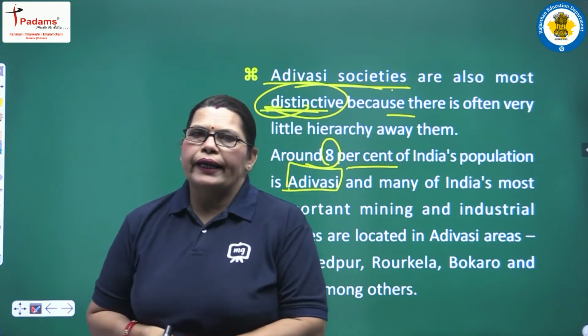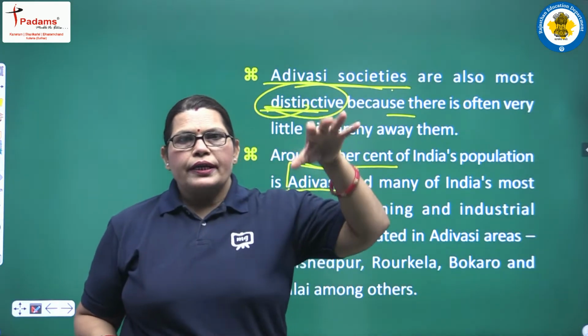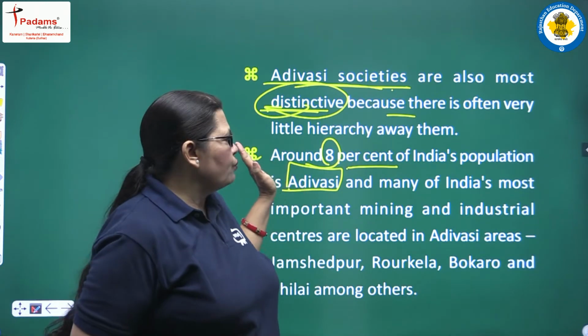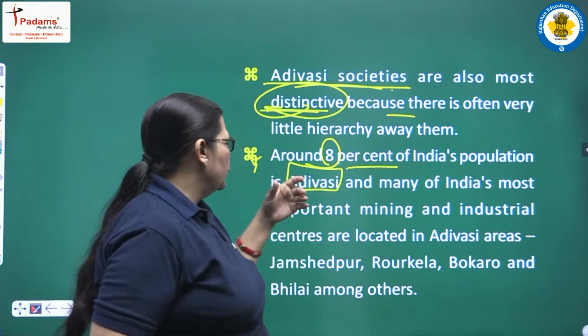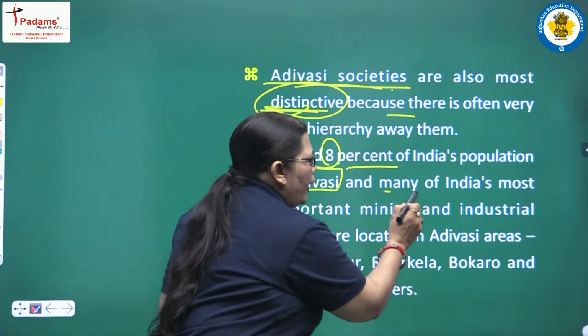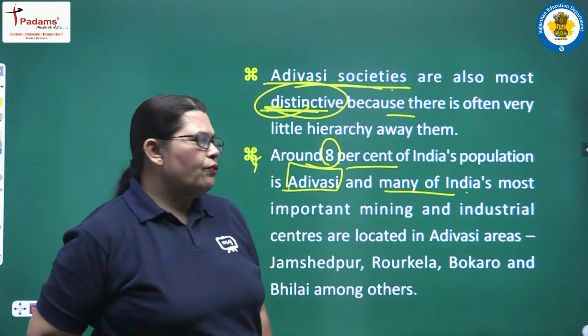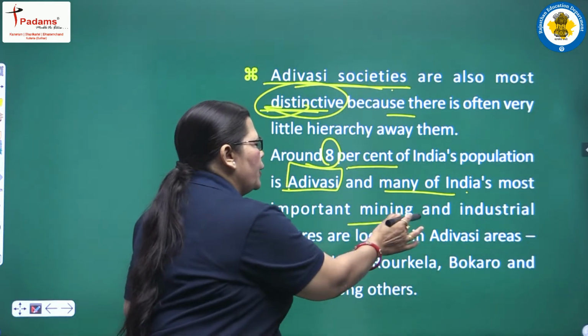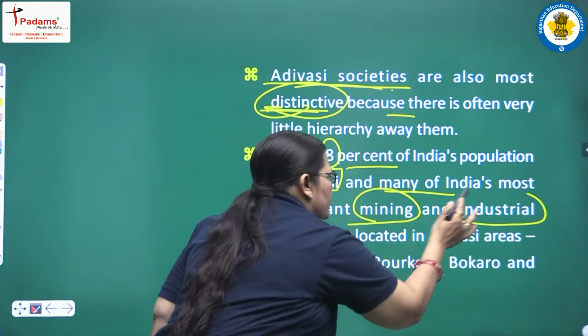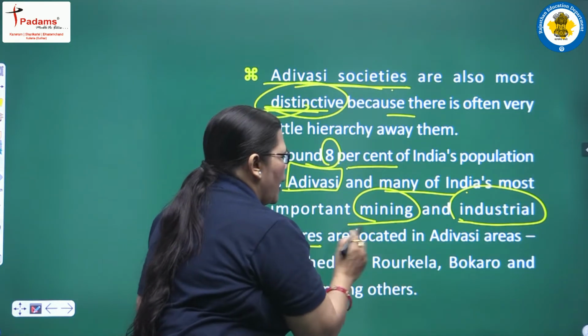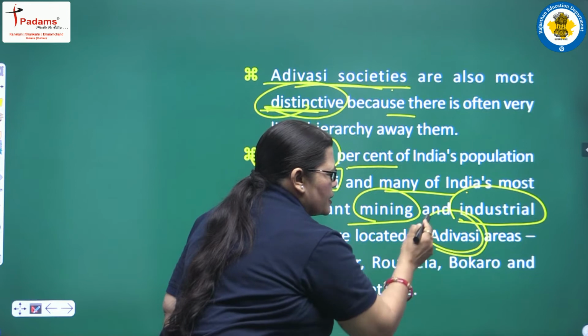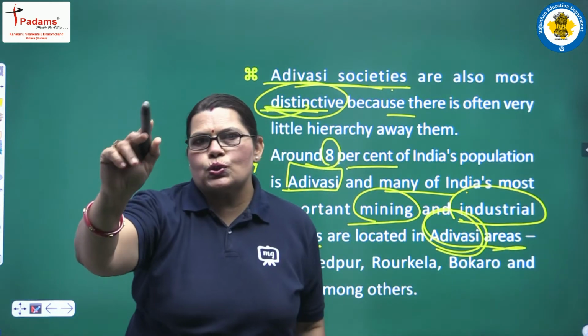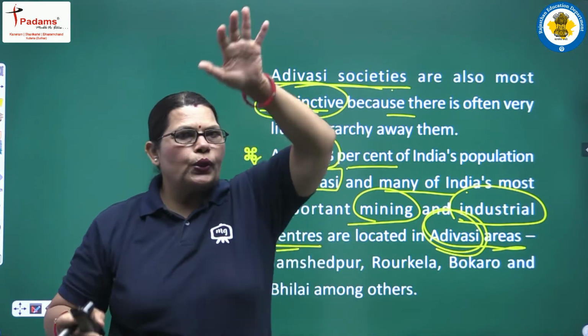What's the present condition, students? At present around 8% of India's population is Adivasi, and many of India's most important mining and industrial centers are located in Adivasi areas. Yes, the story of Dadu. Yes, the story in geography.